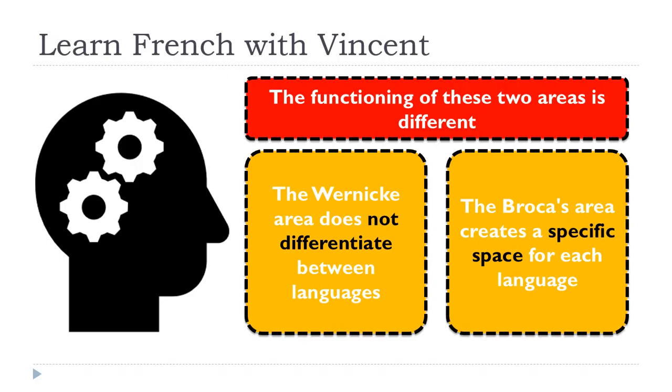All these skills, or languages, will be stored in a different space. They won't be in the same space as for the Wernicke's area, which gives you this understanding, this conception of a language and the languages that you master.